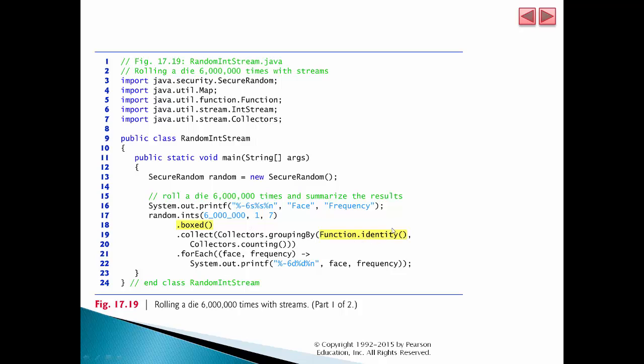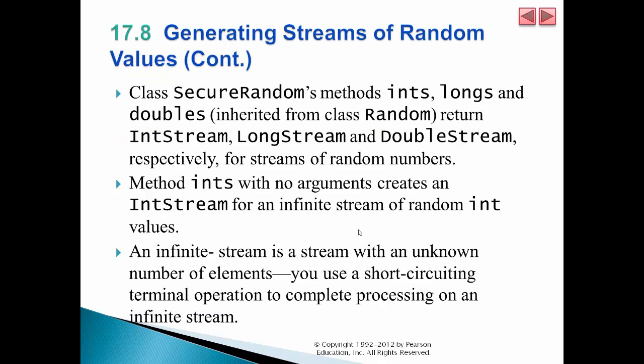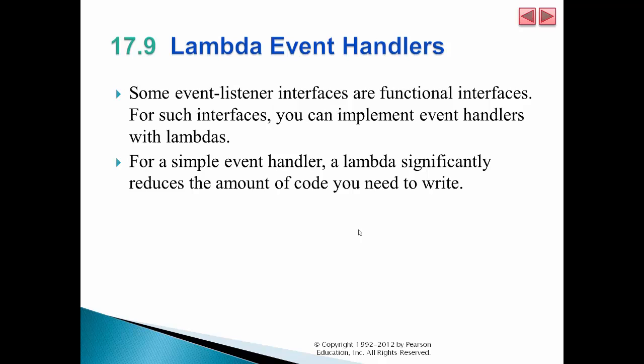So if it's 1, it's just 1; if it's 2, it's just 2, and so forth. And then it counts how many ones we have, and so forth. As a result, we can print out the tuple with the face and the frequency, and see how many ones, how many twos we have in this particular dice throw, let's say, right? Okay, this is just one example. You can go and look into this one.